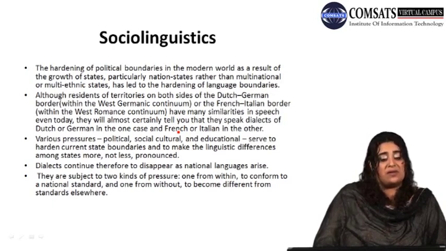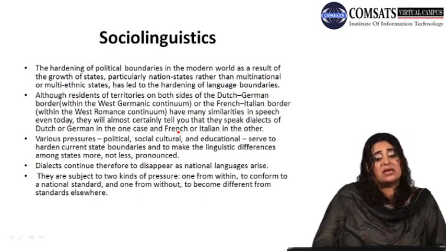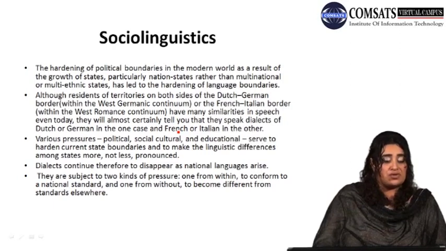All the residents of territories on both sides of the Dutch-German border, within the West Germanic continuum, and on the French-Italian border, within the West Romance continuum, have many similarities in speech even today. They will almost certainly tell you that they speak dialects of Dutch or German in the one case and French or Italian in the other.